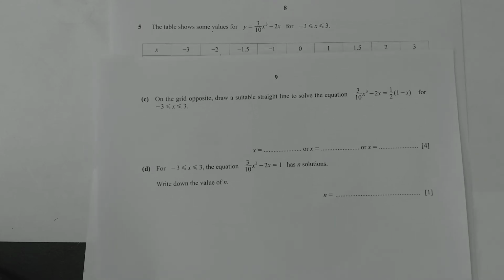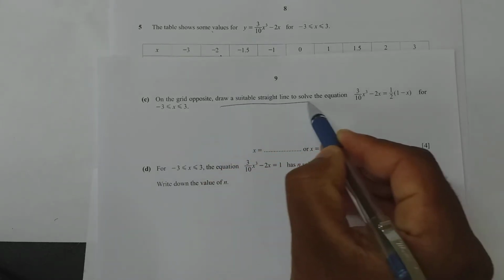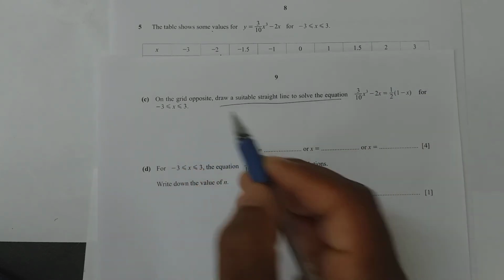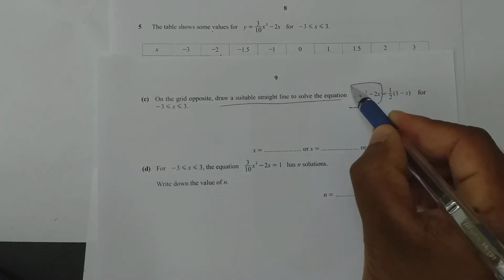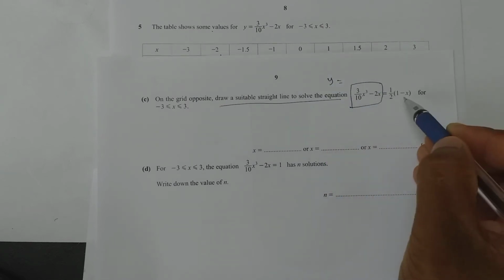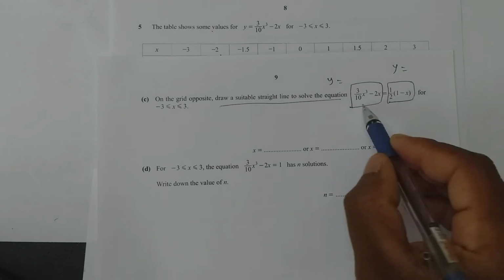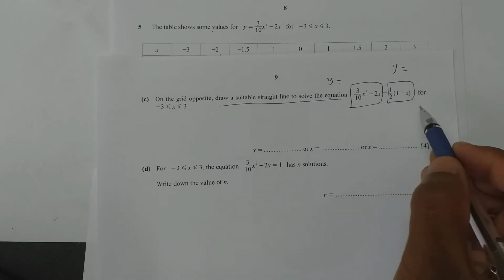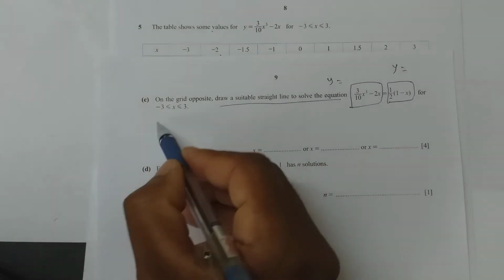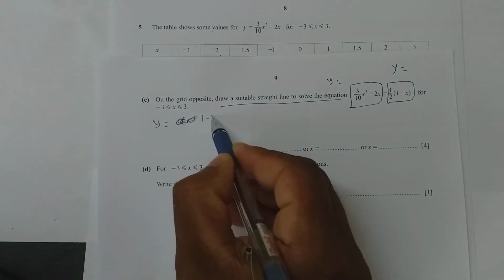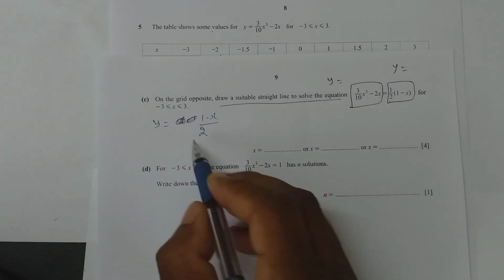On the grid opposite, draw a suitable straight line to solve the equation. So this side of it is y equal to, and this side also you need to take y equal to. Wherever these two graphs meet, those are the answers. So if I want to draw the graph for y equal to 1 minus x by 2, it's a linear equation.